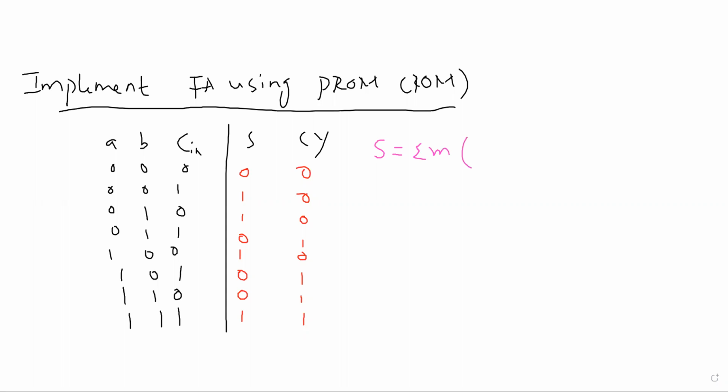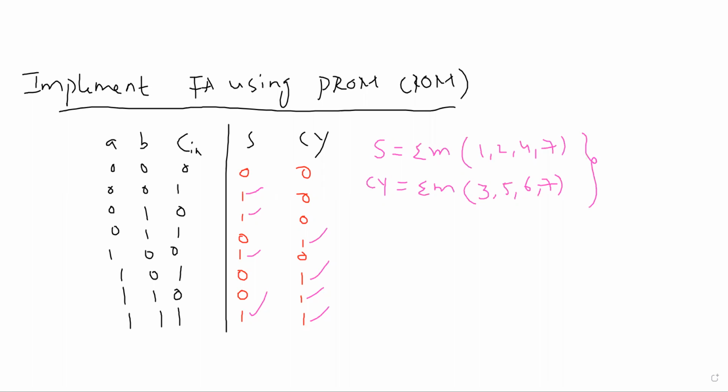Sum is active at positions 1, 2, 4, 7, so sum equals 1, 2, 4, 7. Similarly for carry, the positions are 3, 5, 6, 7. This is the first step: we have obtained the sum of minterms.